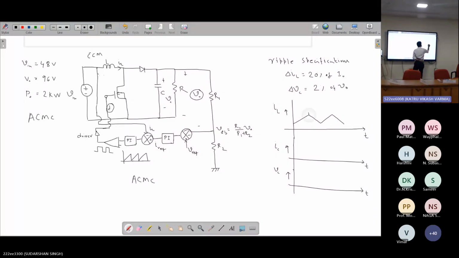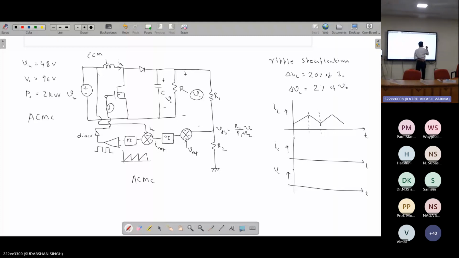Okay. So the switch is on. You can understand when the switch is on, the inductor is charging with the input voltage, and this diode is blocked by the output voltage. So during the on time, the inductor is charged through the input voltage and the output load current is provided by the capacitor. Okay.